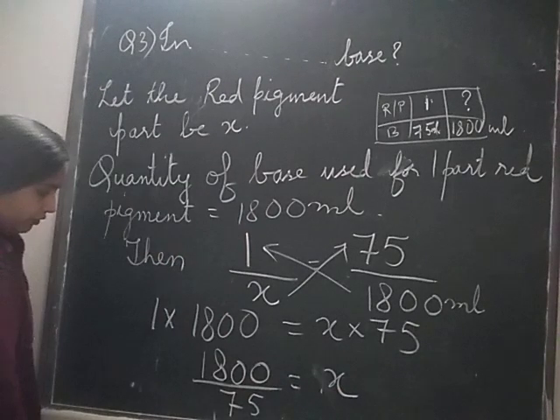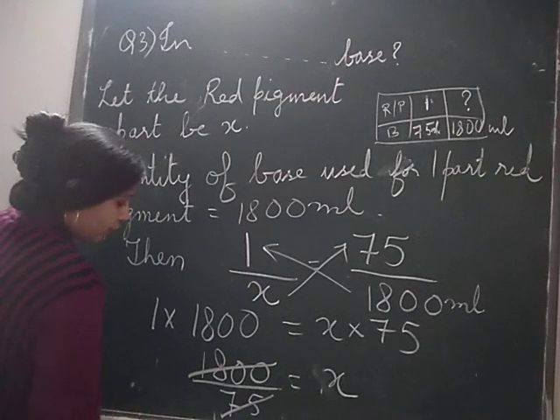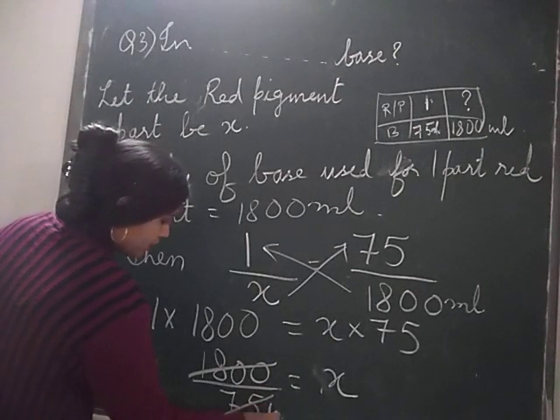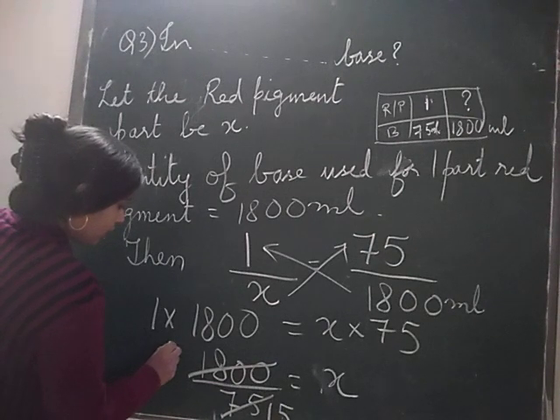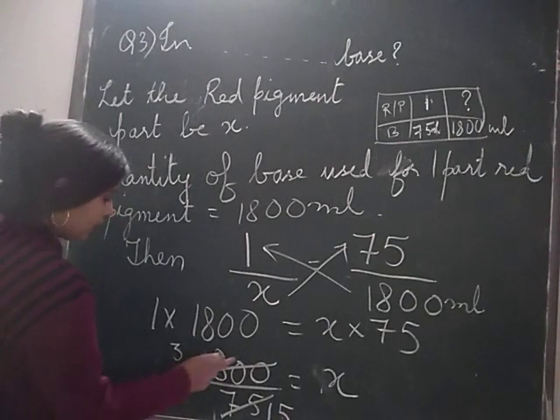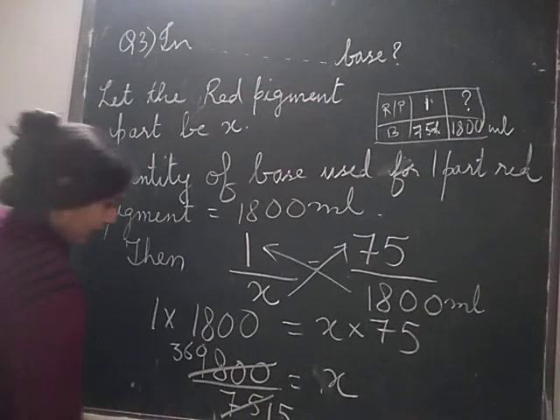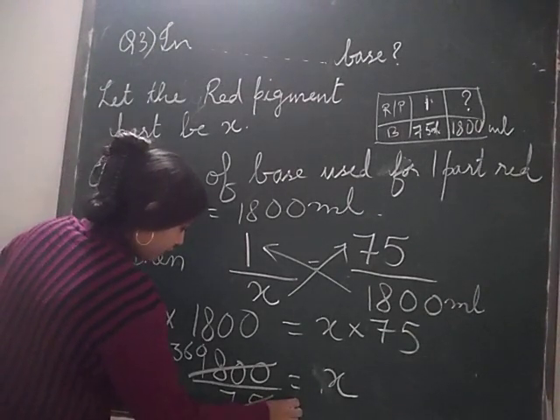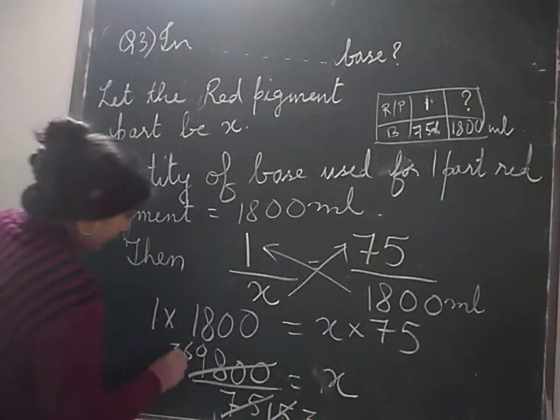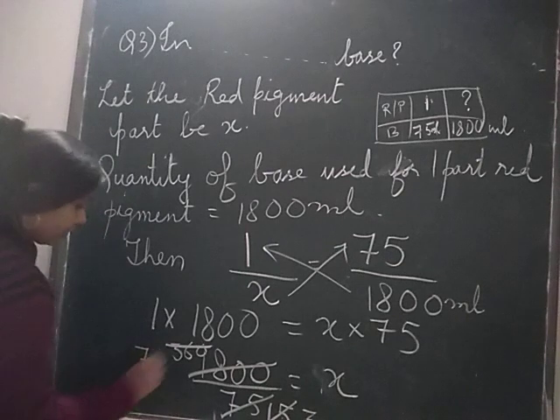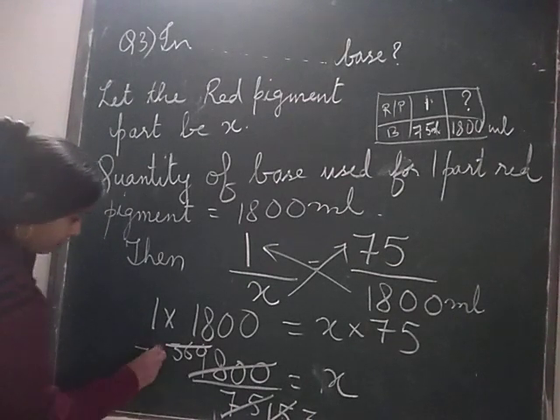Now we divide 1800 by 75. Both will go by 5. 5 1s are 5, 5 3s are 15, 5 6s are 30, 360. Again, both will go by 5. 5 3s are 15, 5 7s are 35, 5 2s are 10.